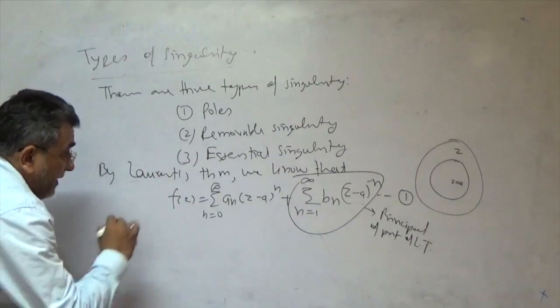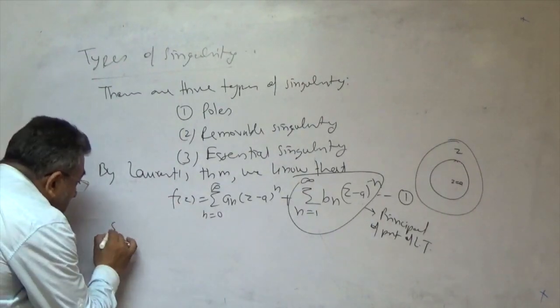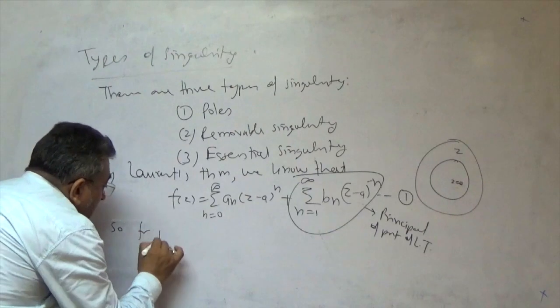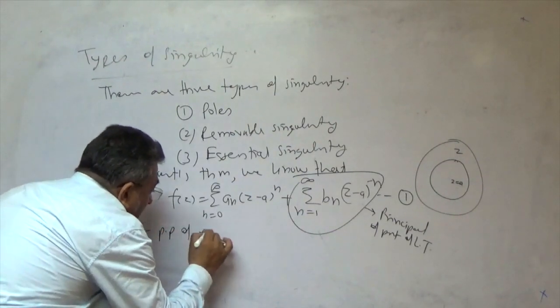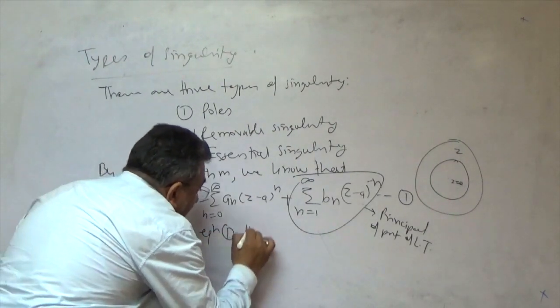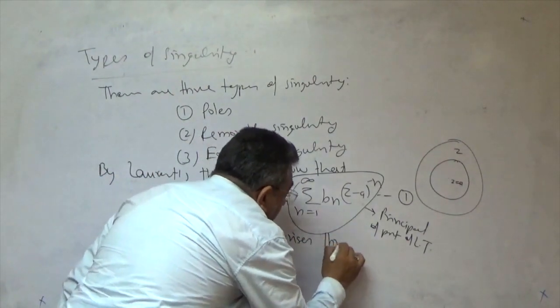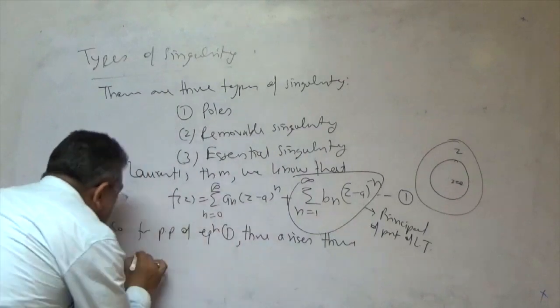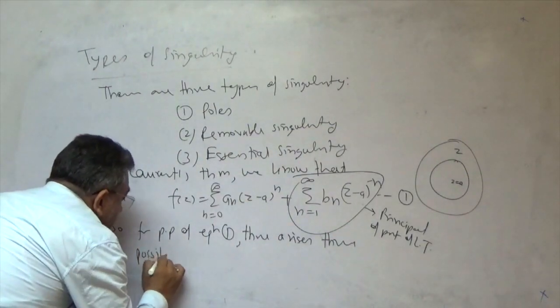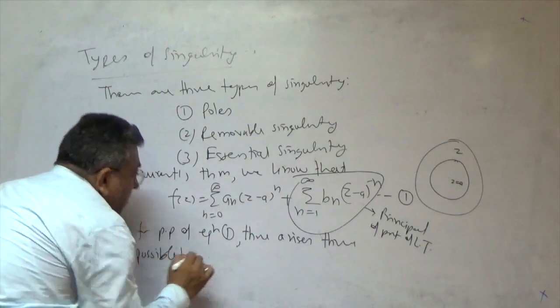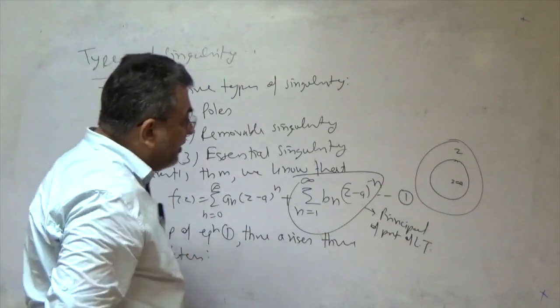By the principal part we can define singularity, so for the principal part of equation 1 there arise three possibilities. What are the possibilities?